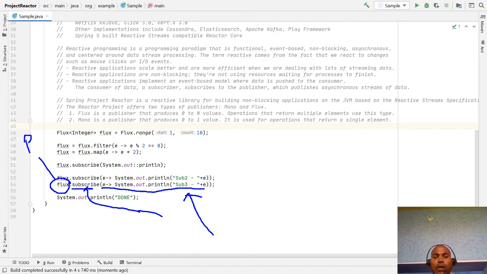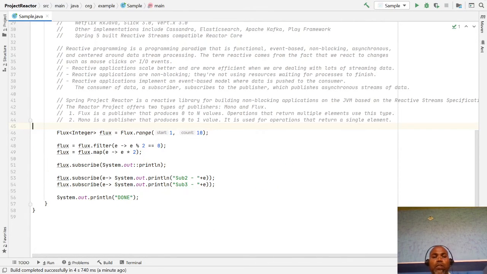And here I am talking about the three channels. This is your data channel, and then your error channel, as well as your complete channel.